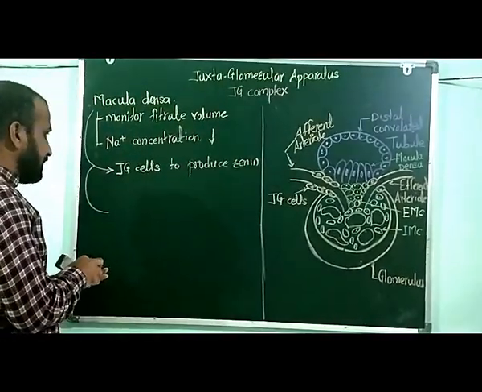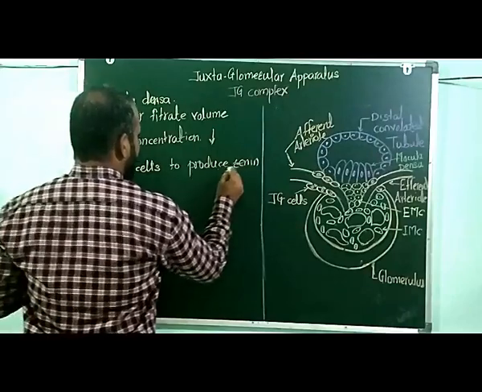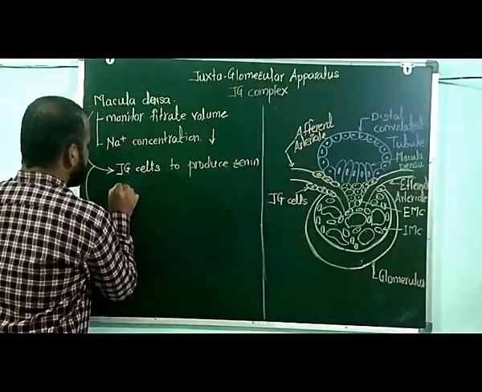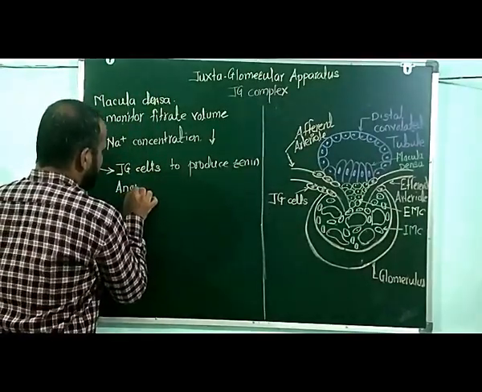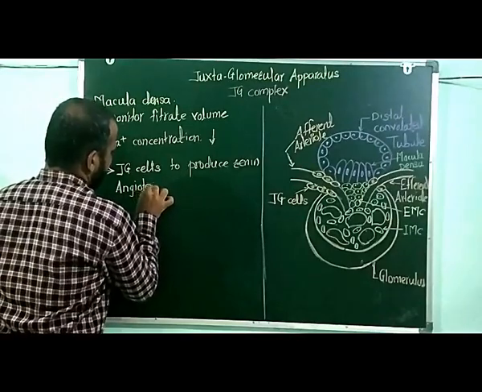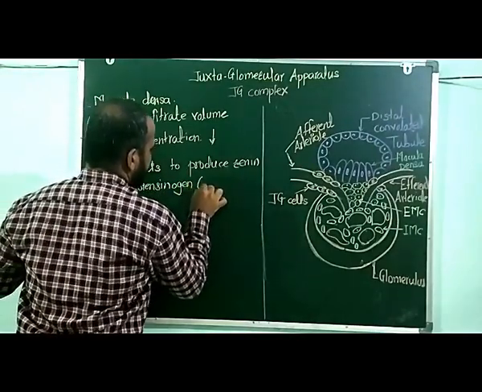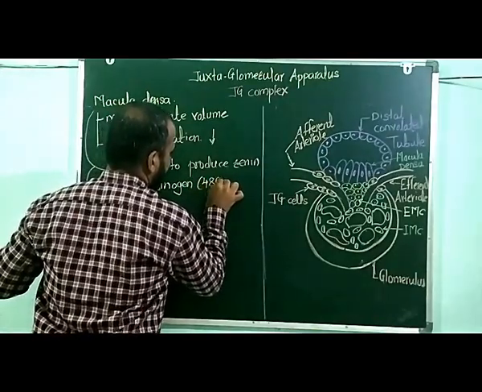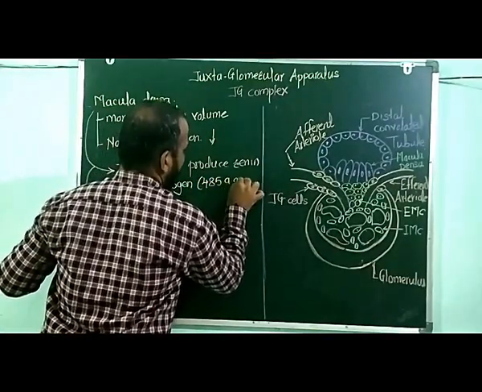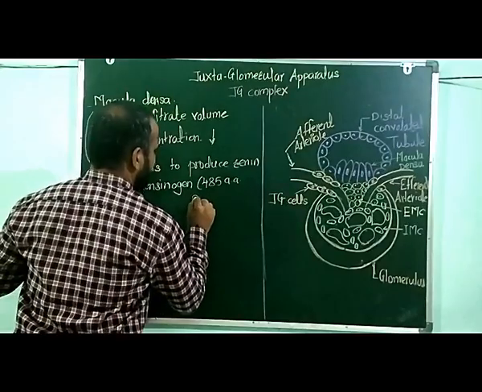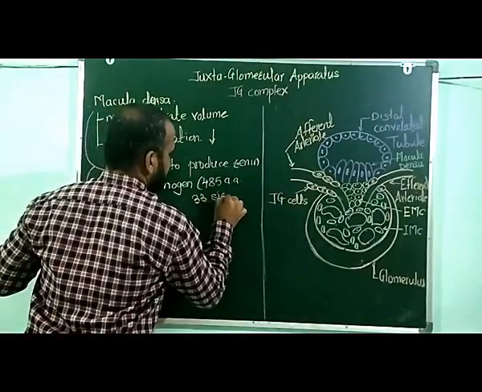This particular renin is an enzyme which converts angiotensinogen, which is a 485 amino acid long molecule with a 33 amino acid signal peptide.